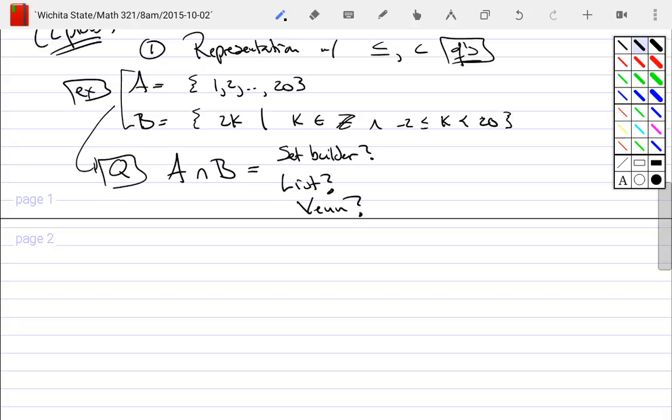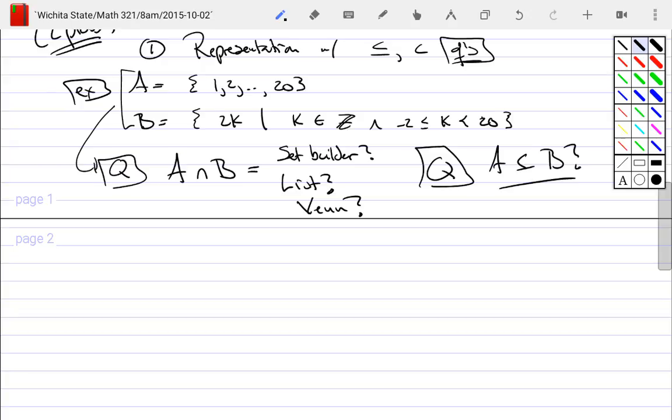Or maybe all three. Later on these intersections, questions like, is A a subset of B? Is B a subset of A? Yes or no? This is more pictorial, like give me values, visualize what these things are.